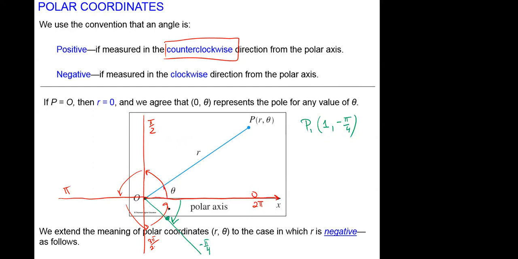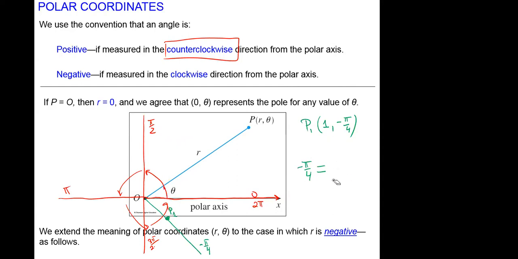Let's say this is 1. Okay, good. But now, do you think the angle negative pi over 4 can be defined using a positive notation of the angles? What is the corresponding value of negative pi over 4 using a positive notation?